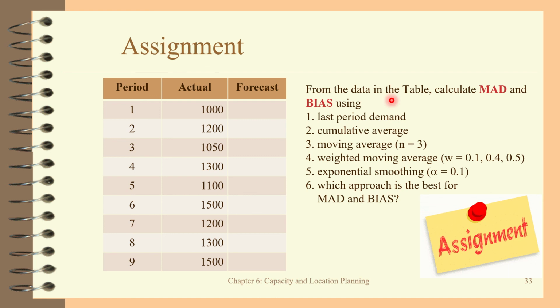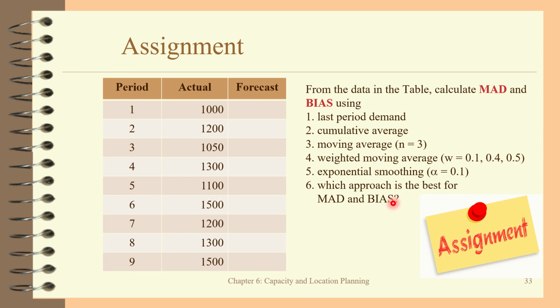From the data in the table, calculate MAD and bias using last period demand, cumulative average, moving average n equal to 3, weighted moving average with w equal to 0.1, 0.4, and 0.5, and exponential smoothing alpha equal to 0.1. And answer which approach is the best for MAD and bias.